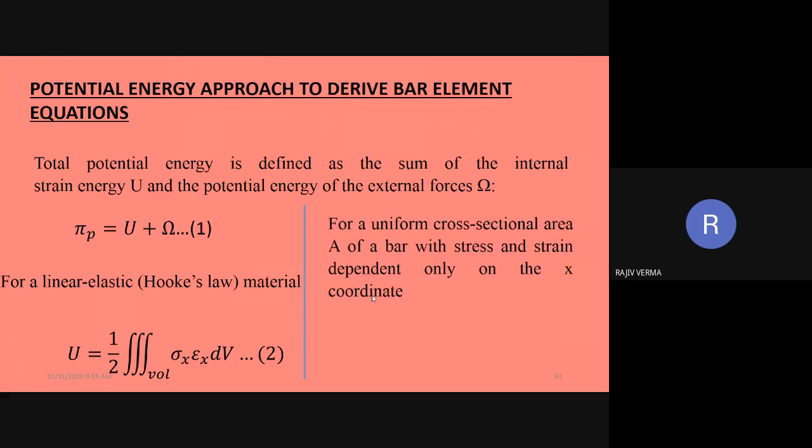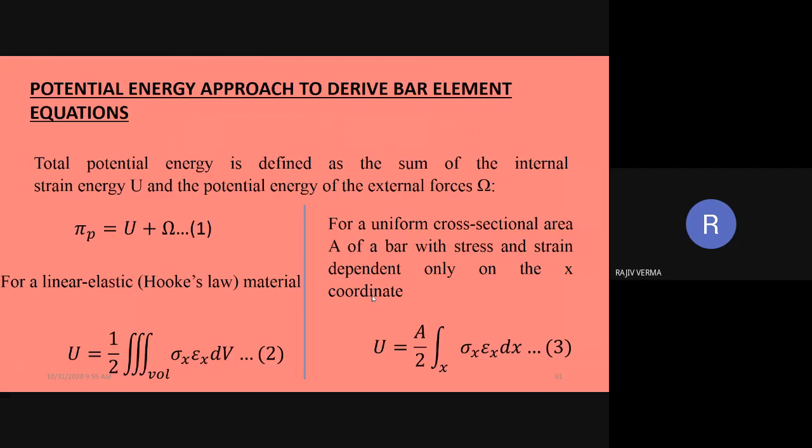And if the area of cross section is uniform, then the stress and strain depend only upon the x coordinate, for which we can simplify expression number 2, which is now depicted in expression number 3.